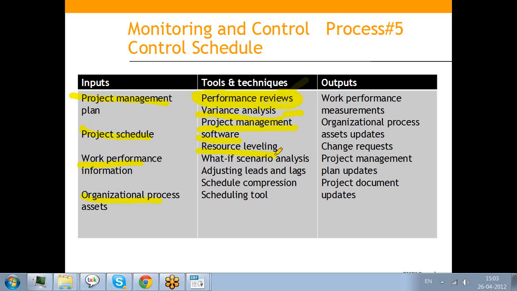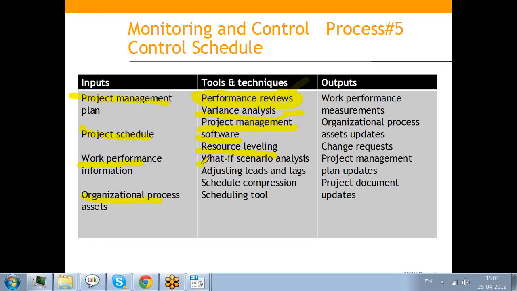Some resources may be loaded for 15 hours per day, whereas others may be loaded only for 3-4 hours per day. That way a team cannot perform. So through trial and error, we ensure that everybody in the team is equally loaded, to the tune of maybe 6.5 or 7 hours per day. That process we call resource leveling. There is no formula for that. Through trial and error, we ensure that all the resources are loaded for approximately 7 hours per day if the total working hours is 8 hours.